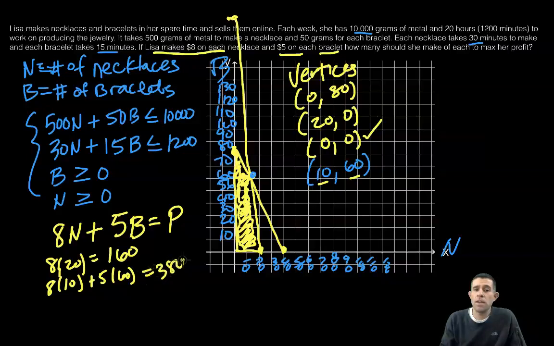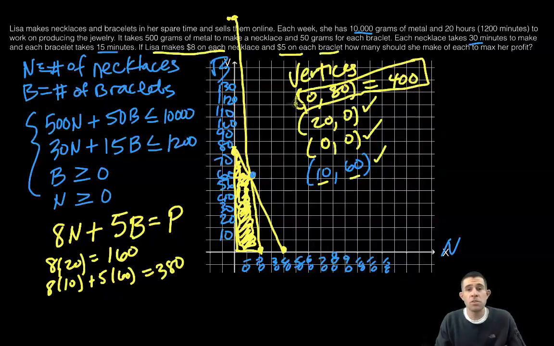So that's 380. The last one to consider is 0, 80. So that's 0 necklaces and 5 times 80, which is actually going to produce a profit of 400. So this combination right here, 0, 80, gives us our maximum profit of $400. So she should really produce 0 necklaces and 80 bracelets.